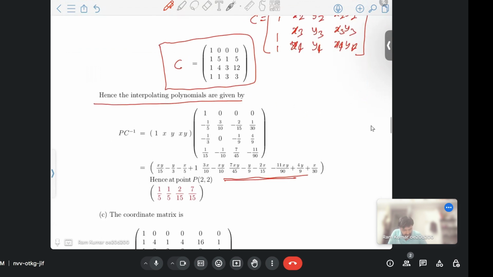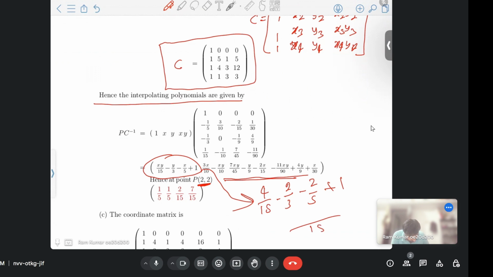At point P, they are asking for the value at (2, 2). So when we put 2, 2 here, what do we get? 4 by 15 minus 2 by 3 minus 2 by 5 plus 1. So it will be like this, over 15: 4, 10, 6, plus 1.